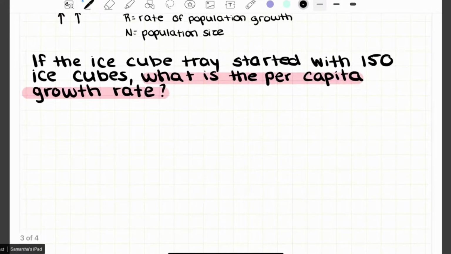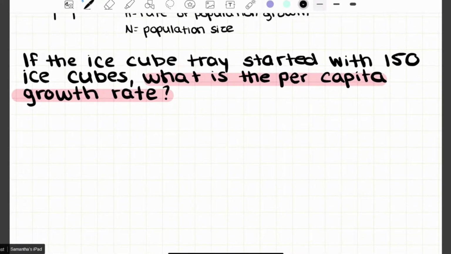So let's go back to the ice cube example. Before, we calculated that the R, or the delta N, they mean the same thing, is equal to 38. And we know that the number of individuals in the population to start is 150.